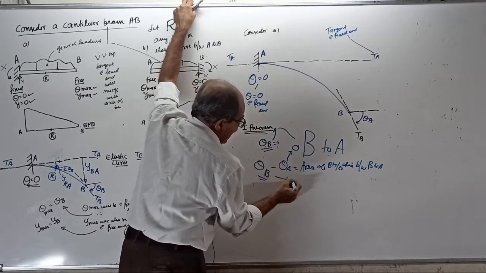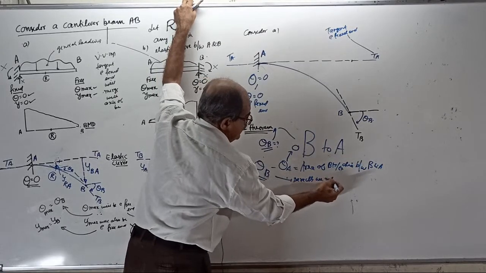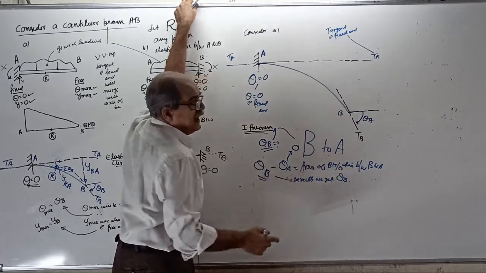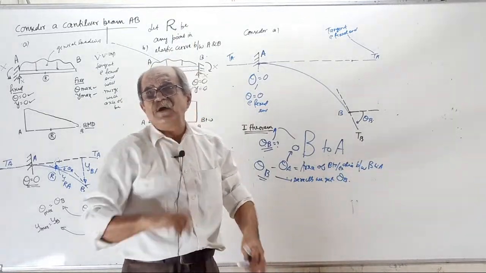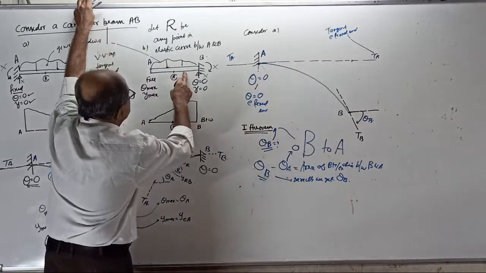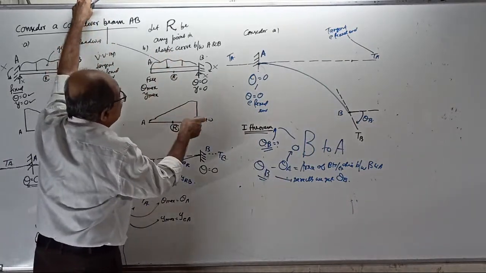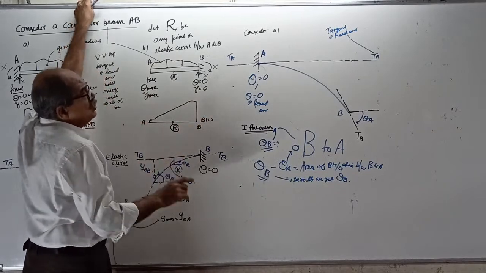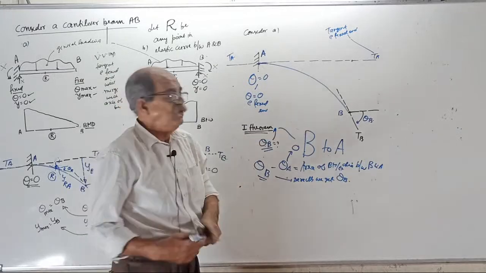Therefore, directly we get theta B, the theta at the free end. Even the same here, consider A to B: theta A minus theta B, theta B is 0, so I won't tell it two times. Finally, I put the conclusion.